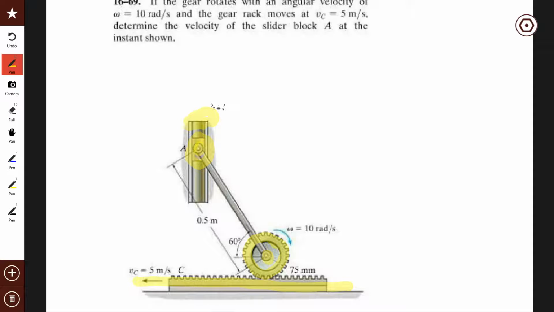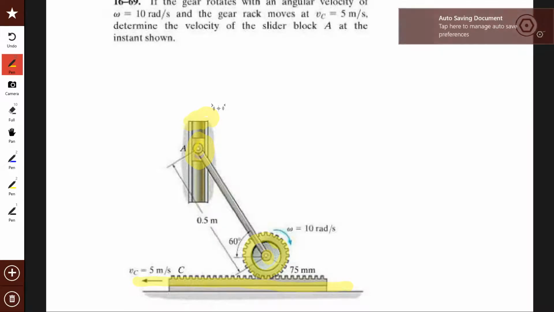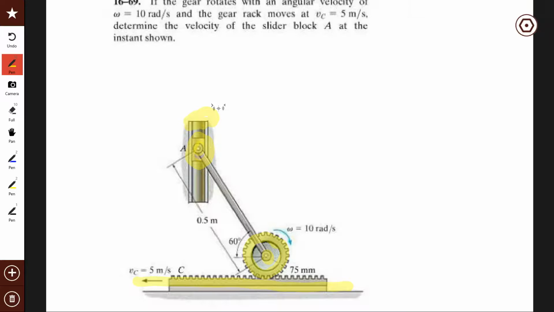Okay, what's the degree of freedom? 2. How many single dot terms did they give you? 2. What are they? Omega and the VC. So they've given you 2 single dot terms. What does that mean? You can find any single dot term you want. No free bodies needed. What do you want?